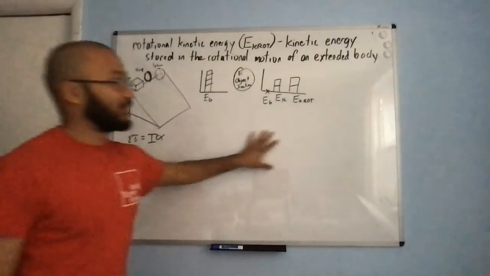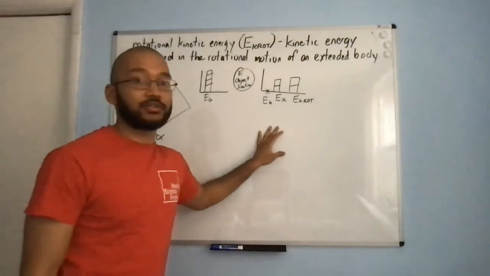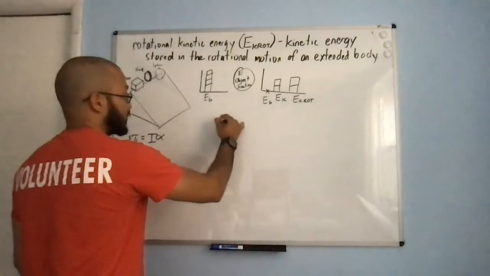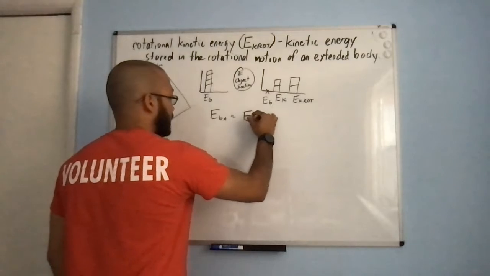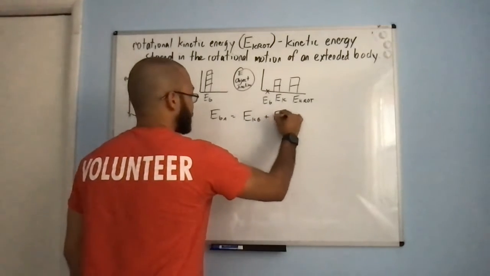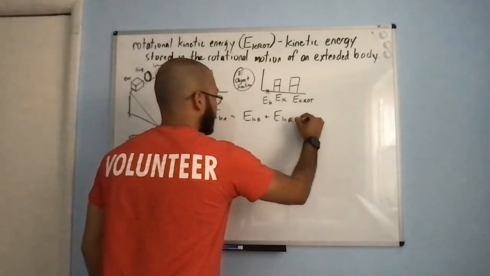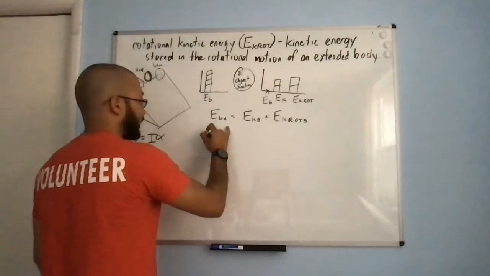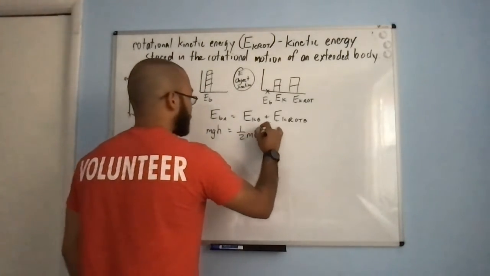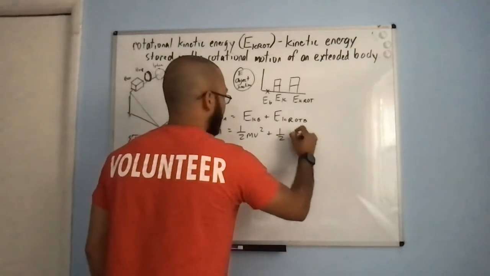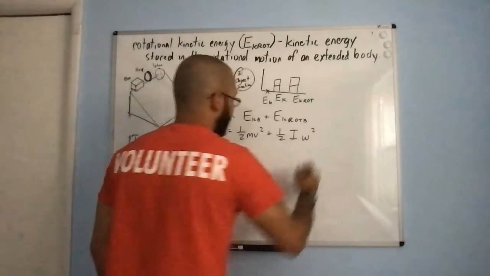I want to unpack this energy conservation equation a little bit, and hopefully that'll shed some light on what's going on here. So Eg at A is equal to Ek at B plus Ek rotational at B. This is just mgh equals 1/2 mv squared plus 1/2 I omega squared.